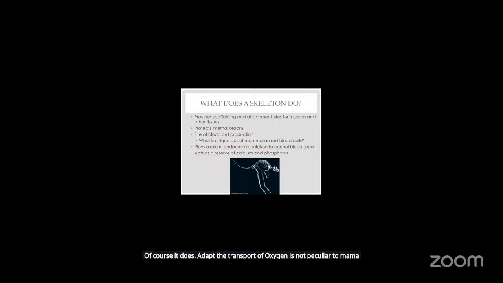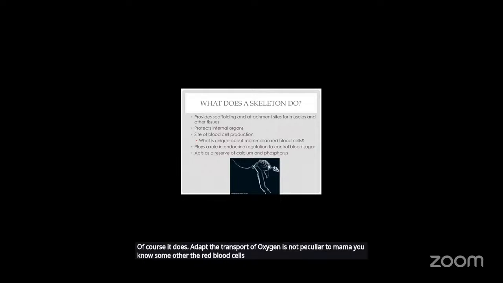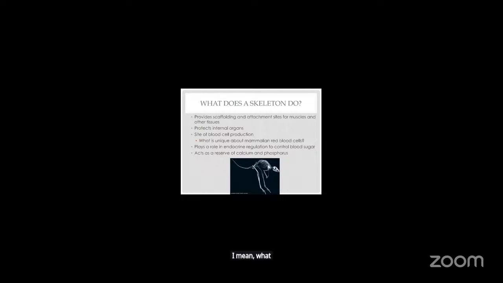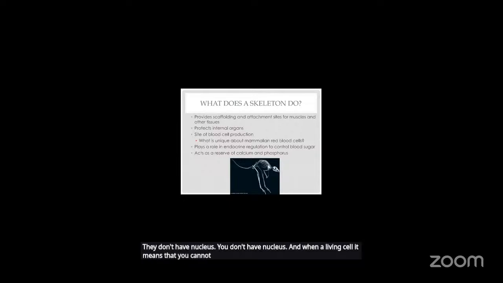The red blood cells of birds and reptiles also do that. What's unique to the red blood cell? It has a biconcave shape. Because it's biconcave, that's also unique. But the one I'm interested in is the fact that they are anucleated at maturity. They don't have a nucleus. And when a living cell is anucleated, it means that it cannot reproduce by mitosis, right?